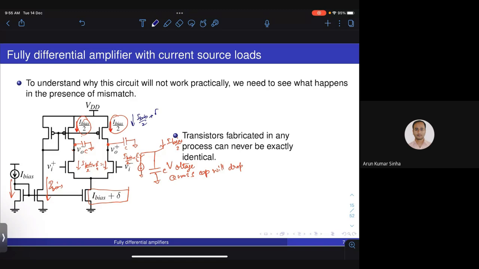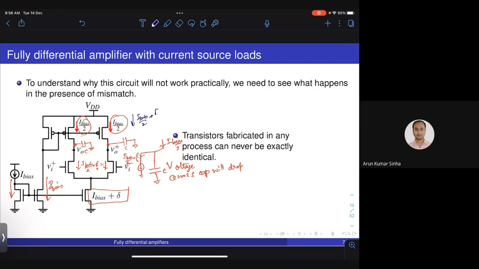When it keeps increasing, at some point the PMOS current source transistors on top will go out of saturation, and once they go out of saturation, you will have low impedance and therefore your gain will reduce. So it doesn't depend on which direction the mismatch is. If the current in the lower branch is high, then the input transistors will go out of saturation after some time, once the voltage drops to a certain value, which is determined by the input common mode.